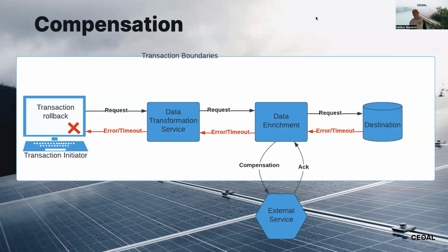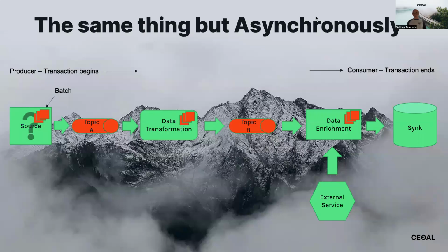And this works not just for external services, that is a typical example. This also works for many internal cases as well, when we cannot simply send a rollback command and roll back things that we have done. So we have to think about that as well. And this works also in the case of Kafka in some scenarios.